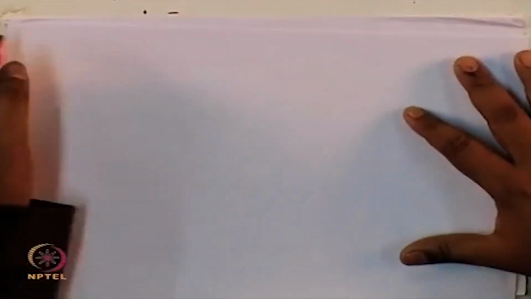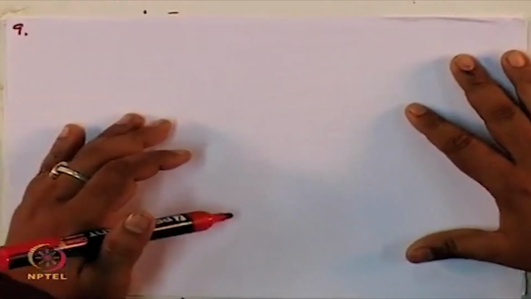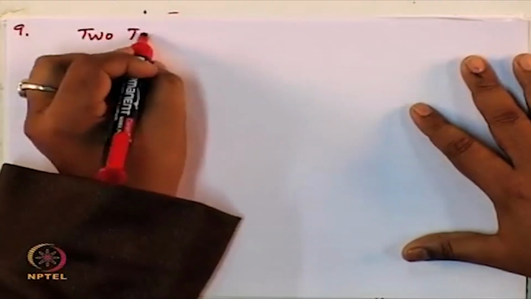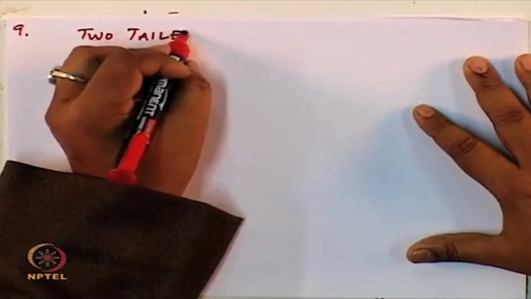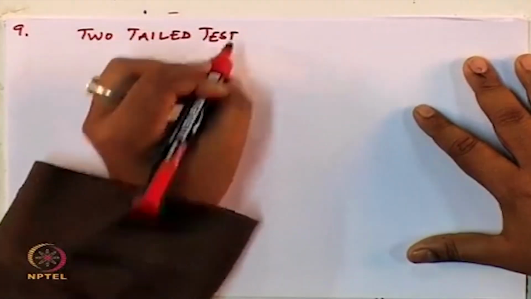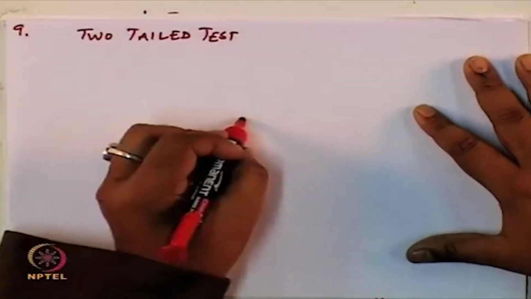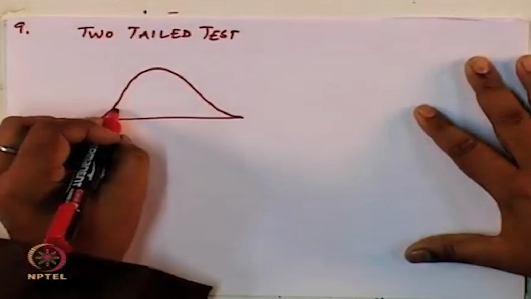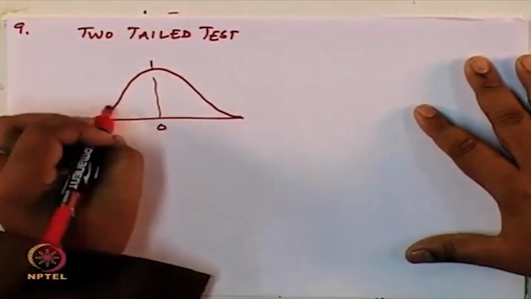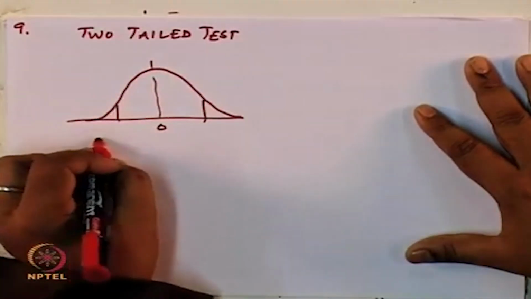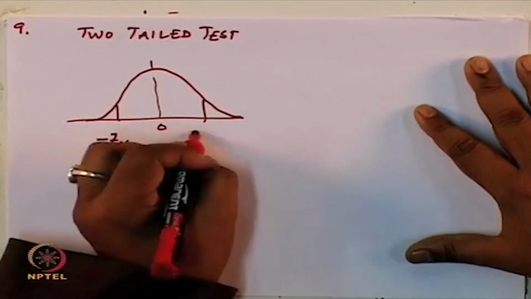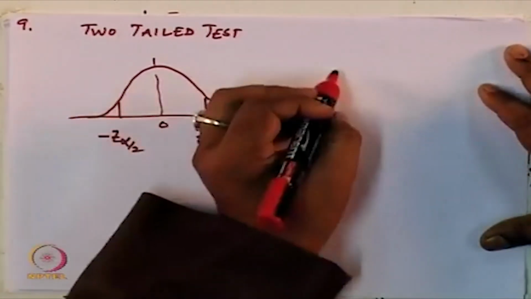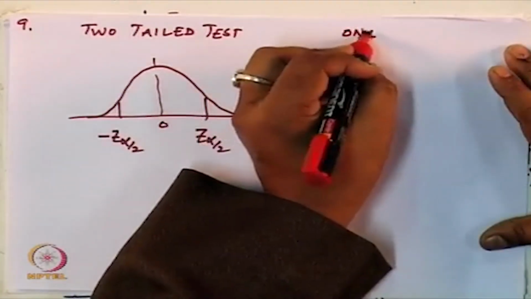So, there is a slight difference for a two-tailed test and for a one-tailed test.